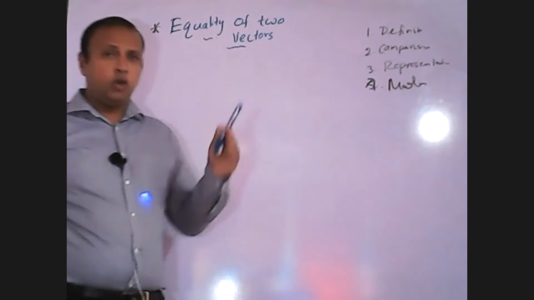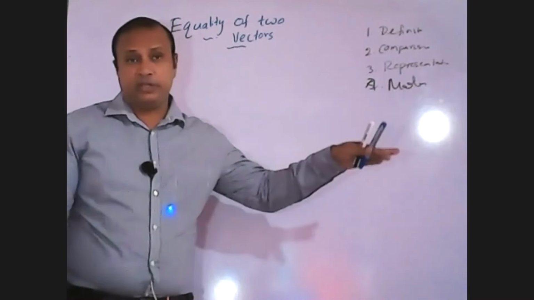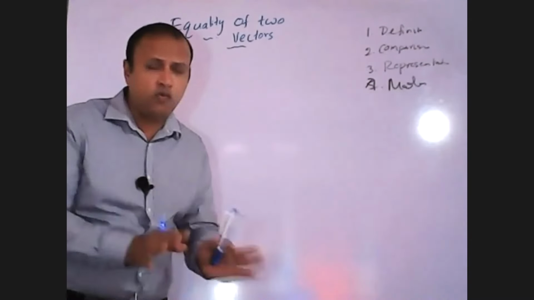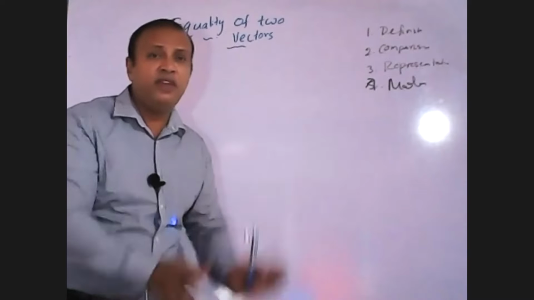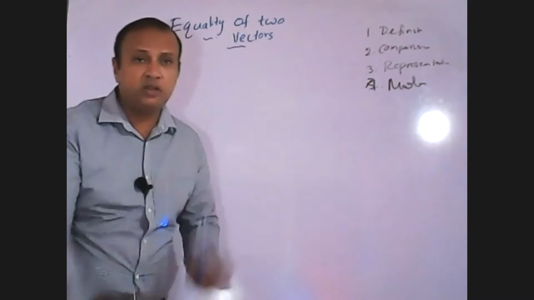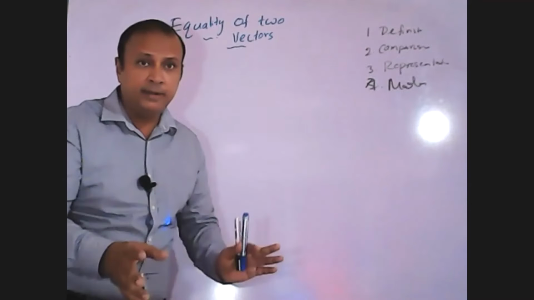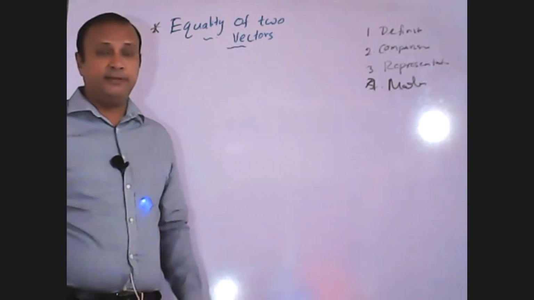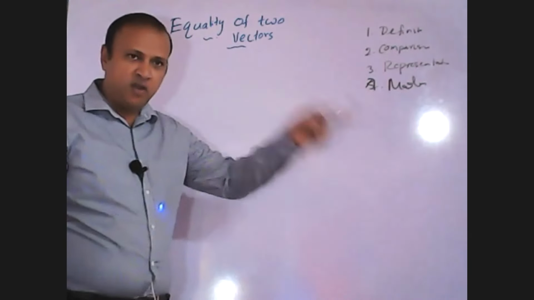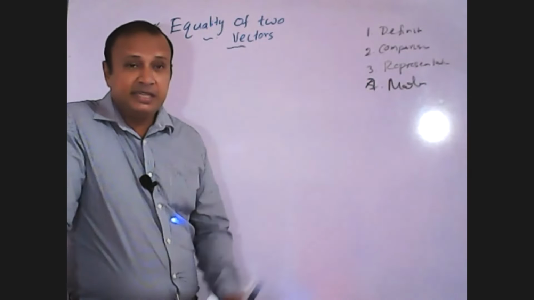You know vectors are physical quantities that have a magnitude and a direction. So if any two vectors are equal, all their features should be equal separately. That means the magnitudes of the two vectors should be equal and the directions should be equal. The other thing is homogeneity.